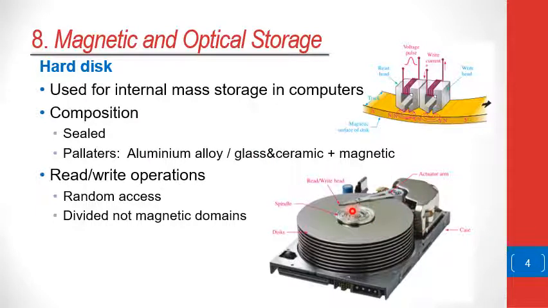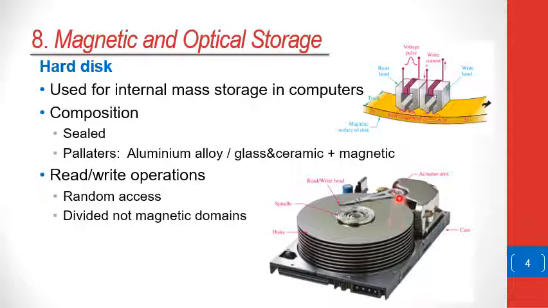The read-write head, if you zoom into it, will look like this picture on the top right, and the disk itself is random access, which means it can read any part of the disk at any point in time. It can be read from any memory location randomly.